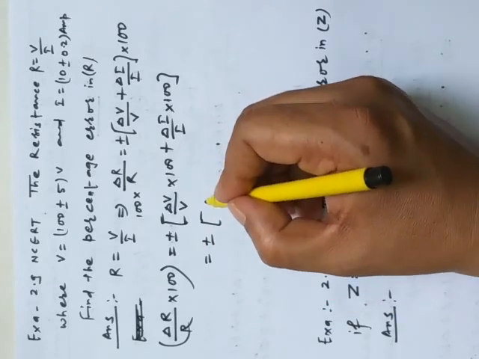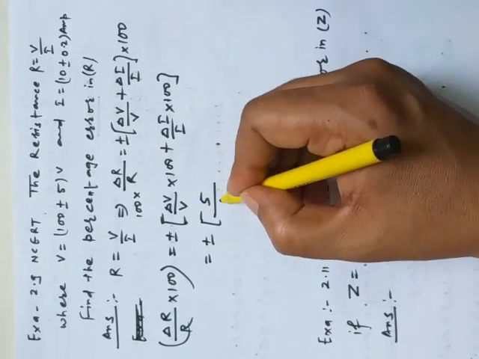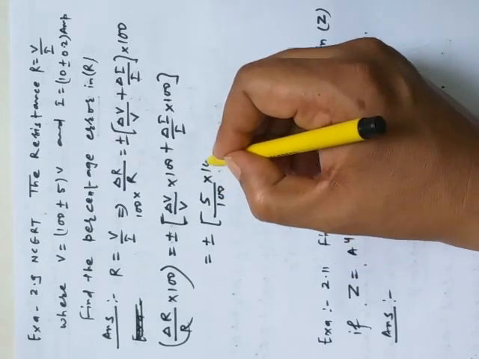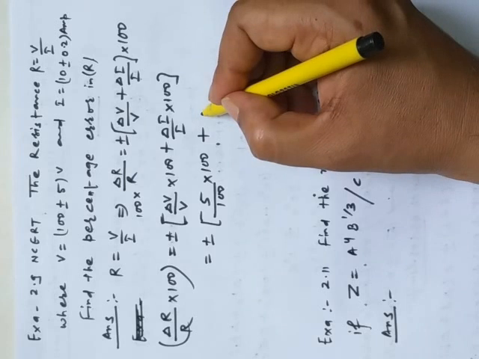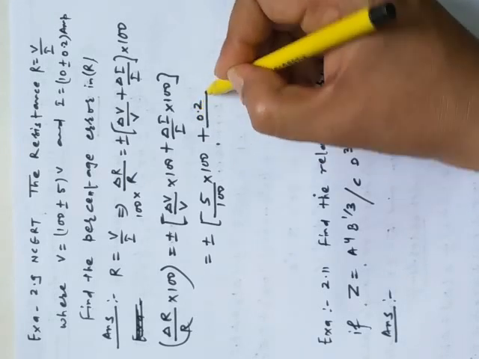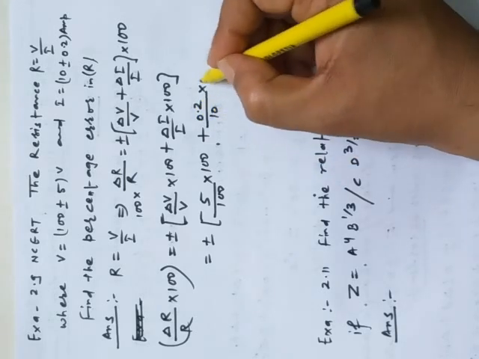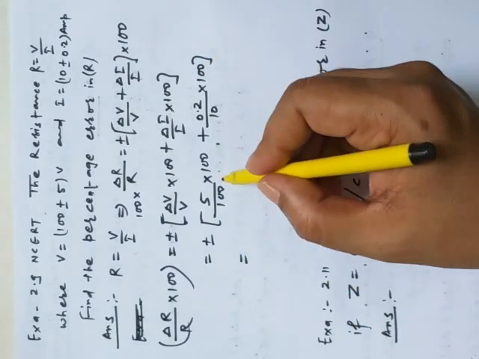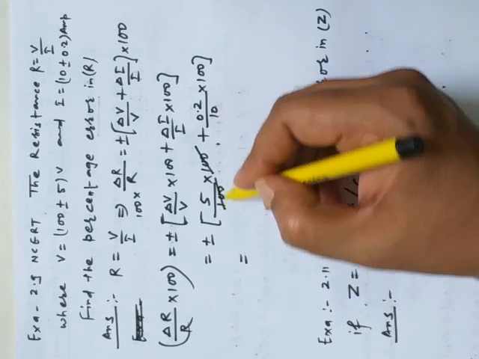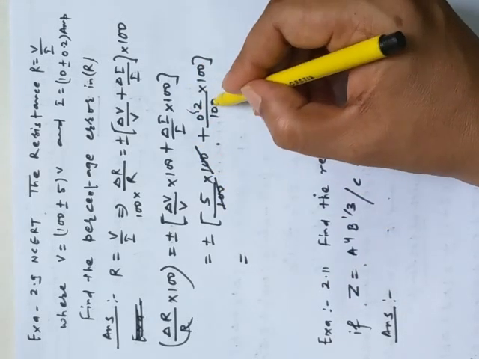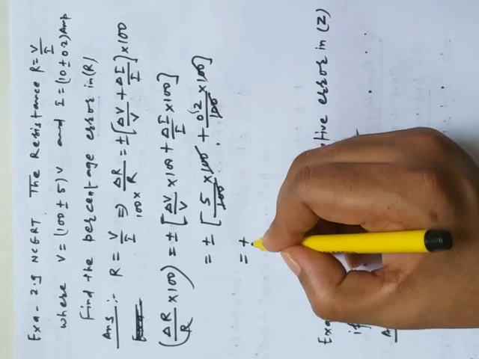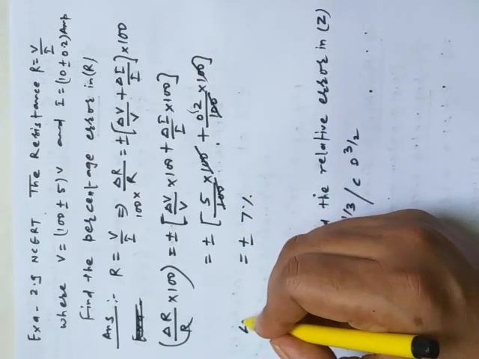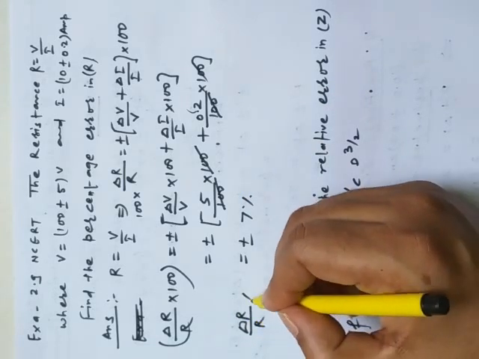So I am writing the delta V, that is 5, and the actual value of V, that is 100, multiplied by 100, and delta I, that is 0.2, divided by 10 into 100. So the answer will be in percentage. Okay, now we are simplifying it. 100 to 100 cancel. So the total answer will be plus minus 7%, because this is the percentage error in the resistance.